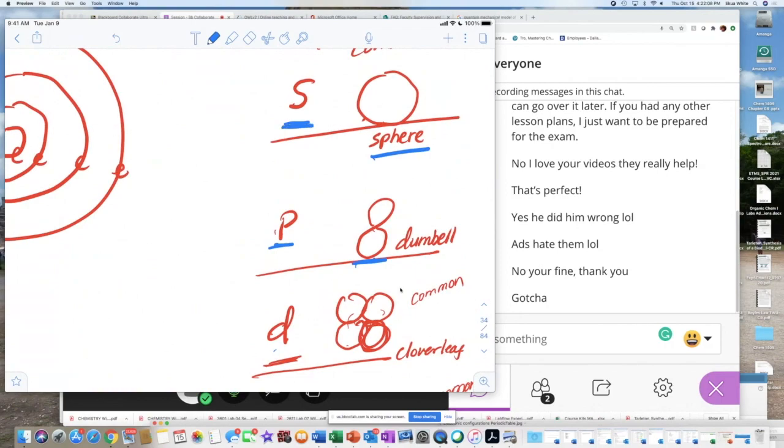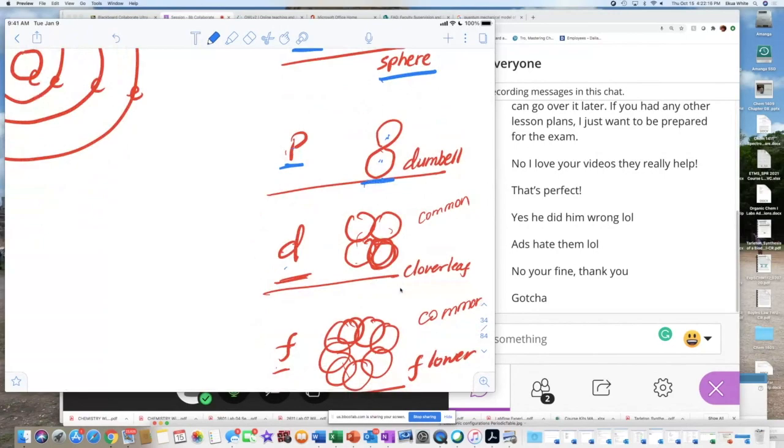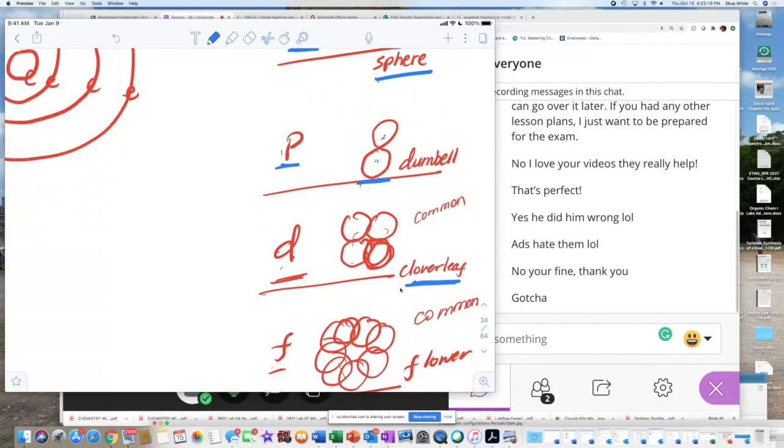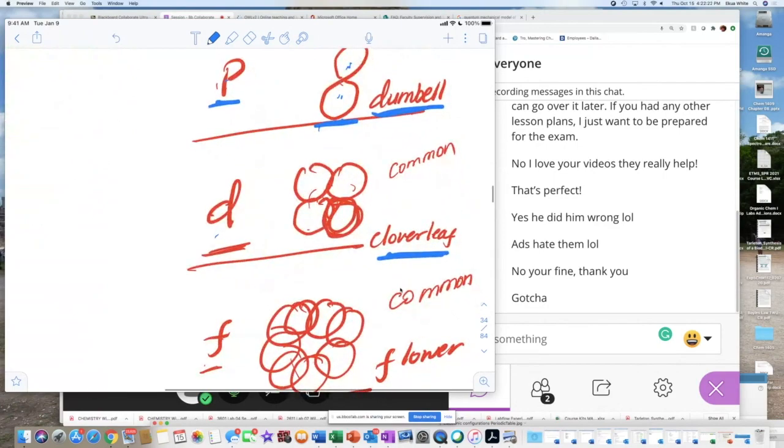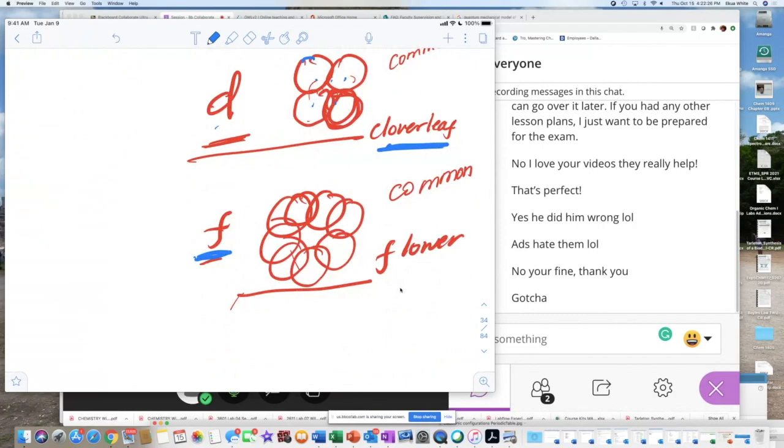S only has one circle as a sphere. P looks like figure 8, but in reality they draw it as 2 circles stuck together. D looks like cloverleaf. The common name is cloverleaf. Figure 8, the common name is dumbbell. But when they draw it, it looks more like 4 circles stuck together. And then F, I call it flower. When they draw it, it looks like 8 circles stuck together.